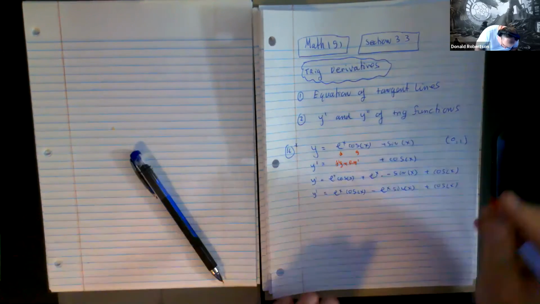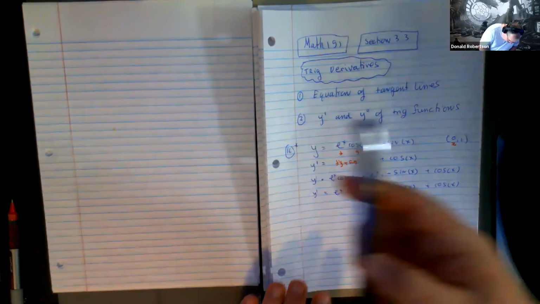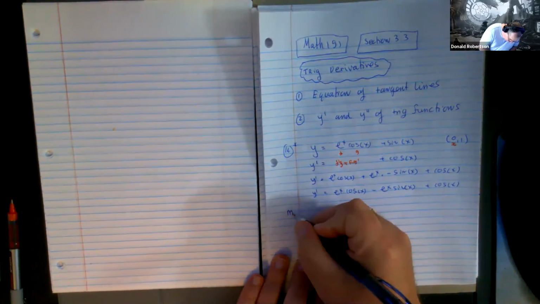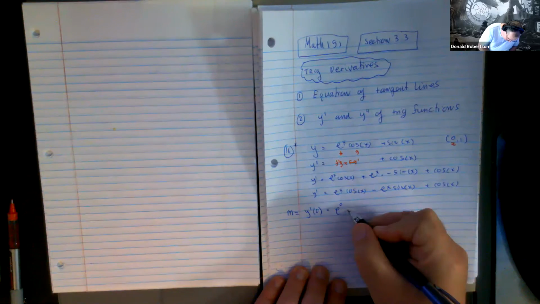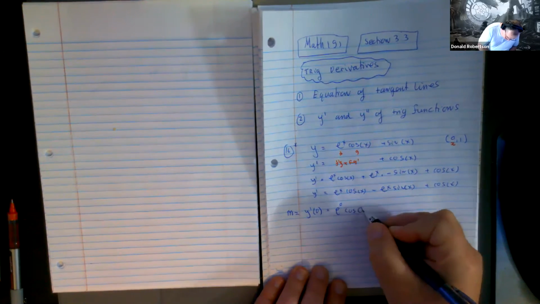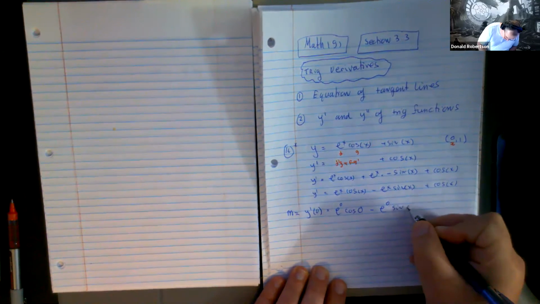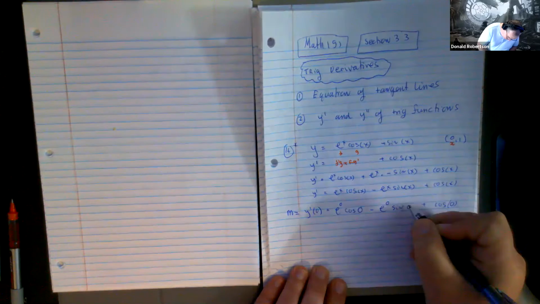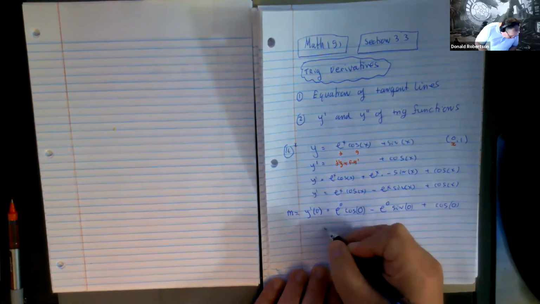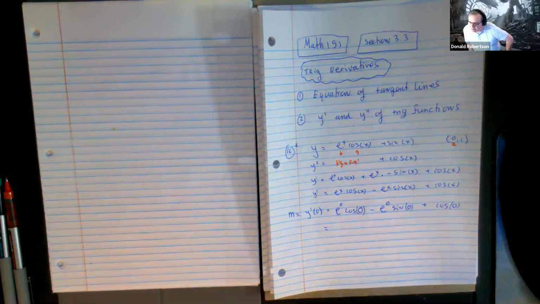I'm now going to find the derivative at the x coordinate of 0. And that's going to be the slope of our tangent line. So it's going to be e to the 0, cosine of 0, take away e to the 0, sine of 0, plus the cosine of 0. What number is the cosine of 0?